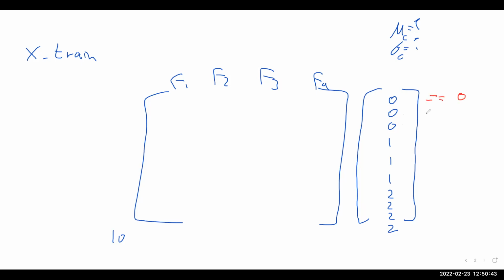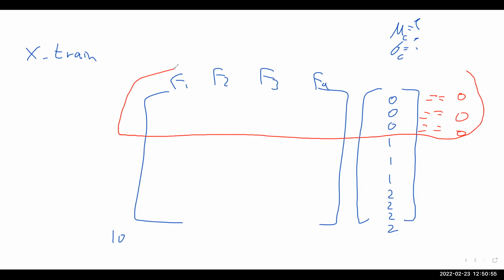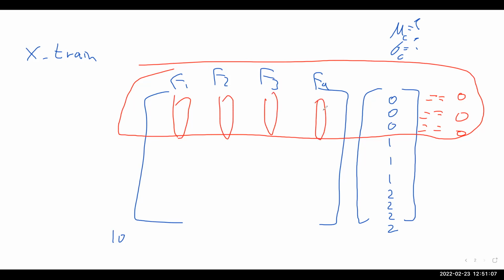When it equals 0, only give me that data. So it's going to slice just this, and all the rest will be ignored for that first iteration. Now when I calculate means and standard deviations, I will only calculate it for this data. Do you see that? And that's how, on a per class basis, I get the means and standard deviations for every feature. Got it?